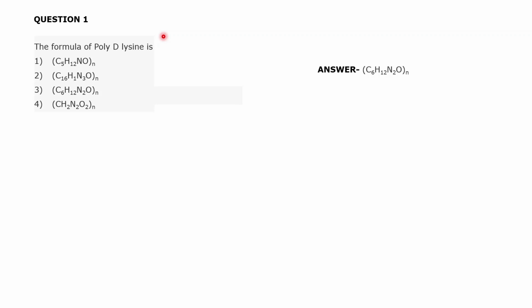What are the two types of classification of extracellular matrix that we are using in cell culture? Anyone?